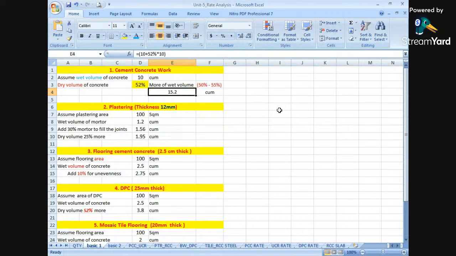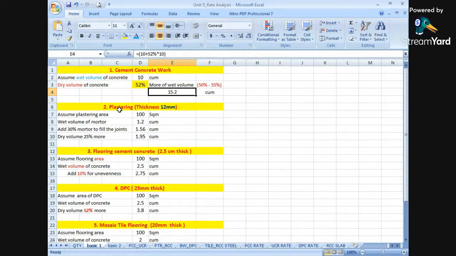So 10 plus 52% of 10 comes to be 15.2. So actually we require 10 cubic meters, but we have to prepare the materials as per 15.2 cubic meters. ठीक है ना? कितने cubic meters का material बनाना है? We require 15.2 cubic meters to carry out a work of about 10 cubic meters. ठीक है ना? 15.2.